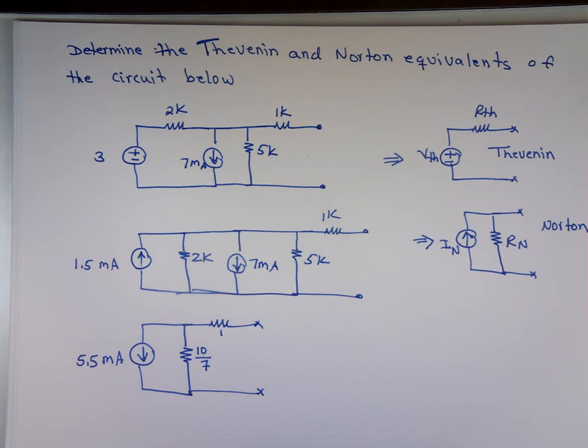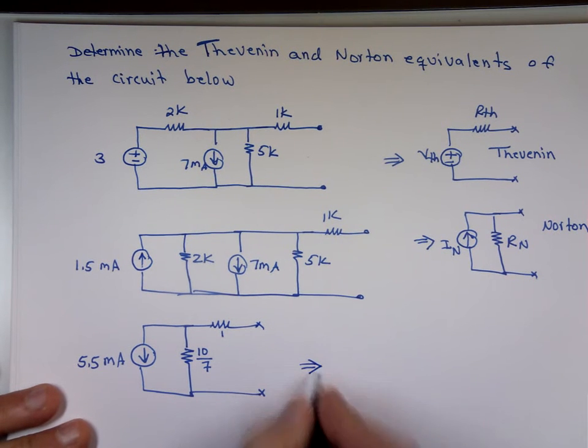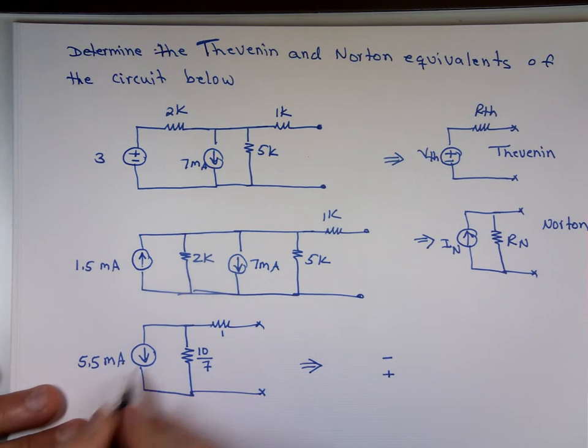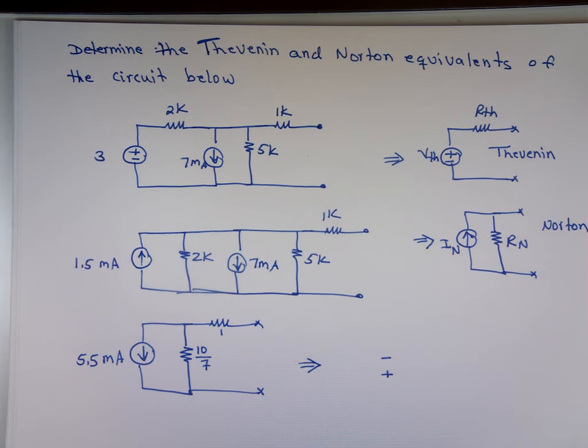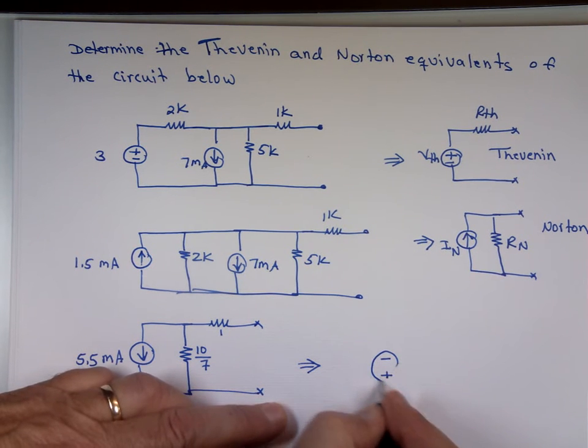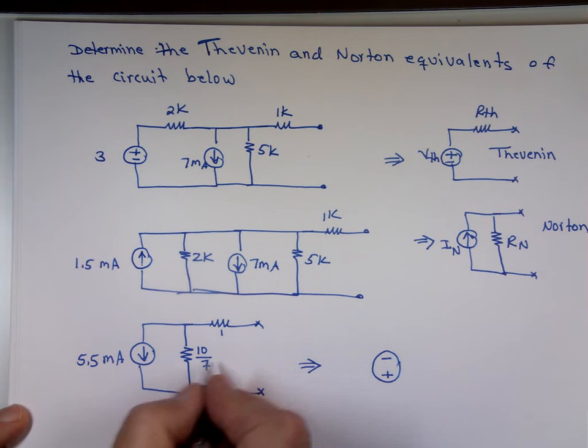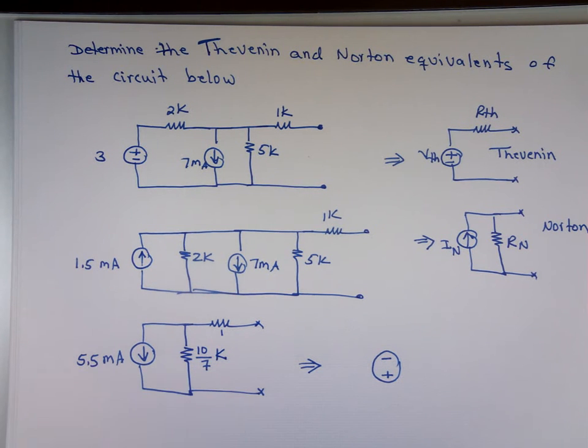If I do source transformation one more time, this circuit will be a voltage source, notice, plus on the bottom, minus on the top, because the arrow is pointing down. The value of that is this times that. This is a K here. The K and the milli will cancel.